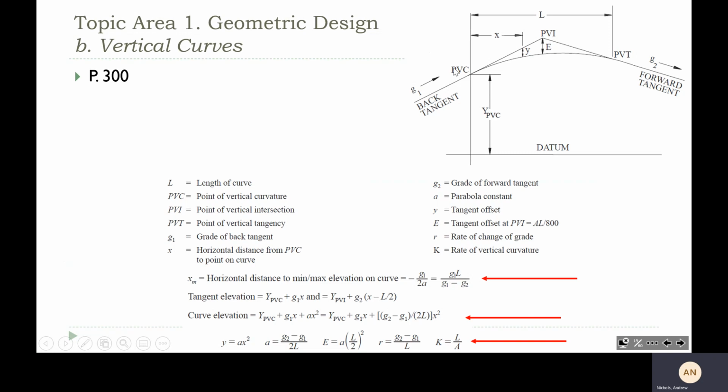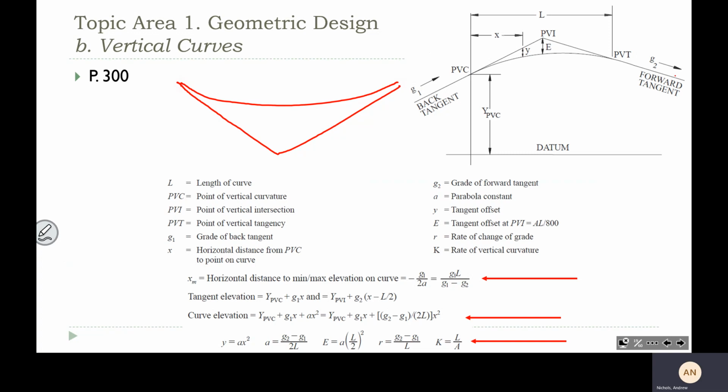So for a vertical curve, you have a back tangent with a defined grade, and then you have a forward tangent with another defined grade. This is showing a crest curve. If you had a sag curve, then you would have a negative initial grade and a positive later grade, and then you're fitting a parabola to it.